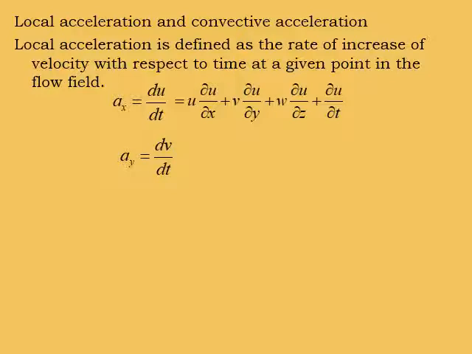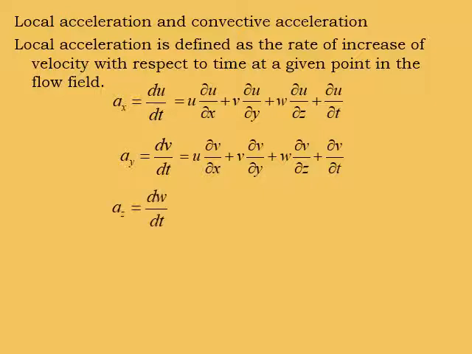In a similar manner, in the y direction, a of y is dv by dt is equals to u into dou v by dou x plus v into dou v by dou y plus w into dou v by dou z plus dou v by dou t, and in the direction of z, that is dw by dt is equals to u into dou w by dou x plus v into dou w by dou y plus w into dou w by dou z plus dou w by dou t.